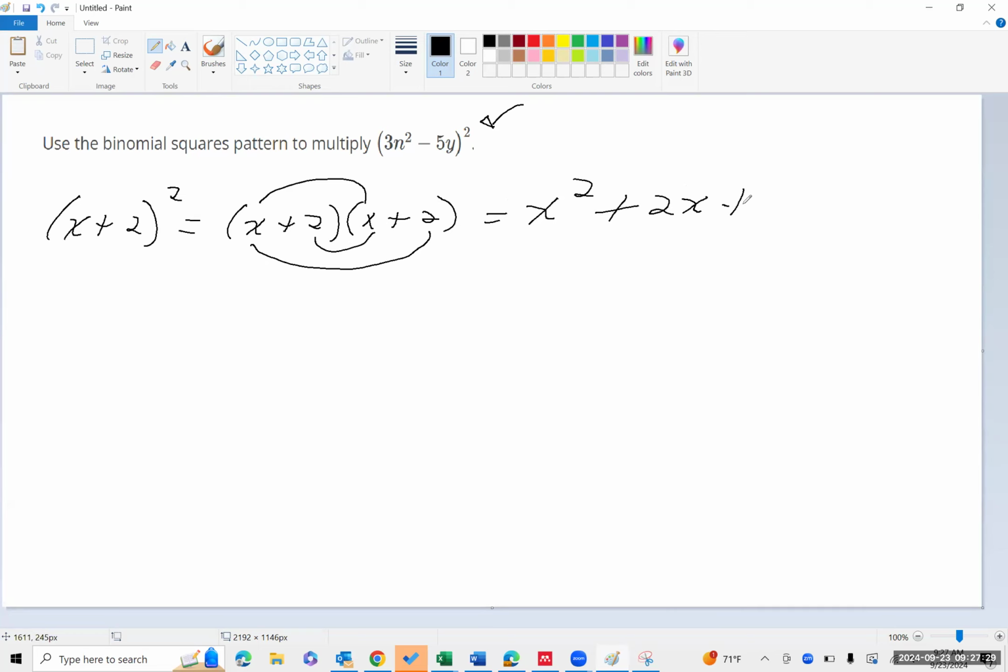Inner, there's another 2x. That's a special feature of these special products, is that the middle term shows up twice. And that the product of the last terms is a square. See, 4 is a square.